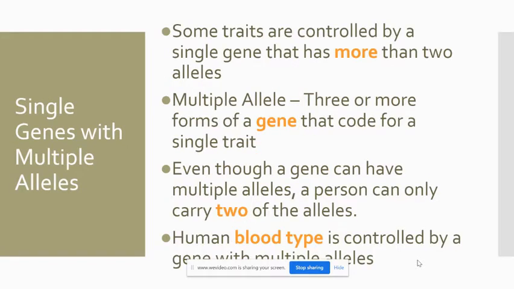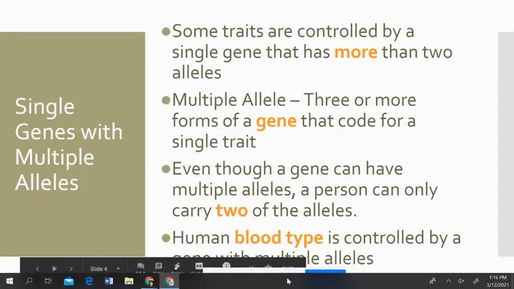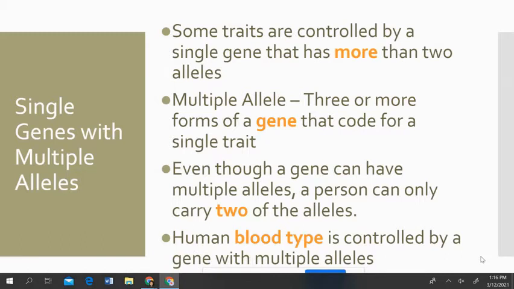Then single genes with multiple alleles. This has more than 2 alleles. And so that multiple allele is defined as 3 or more forms of a gene that code for a single trait. Again, with blood type, there are 3 alleles. There's A, B, and O. So you have different combinations with that.